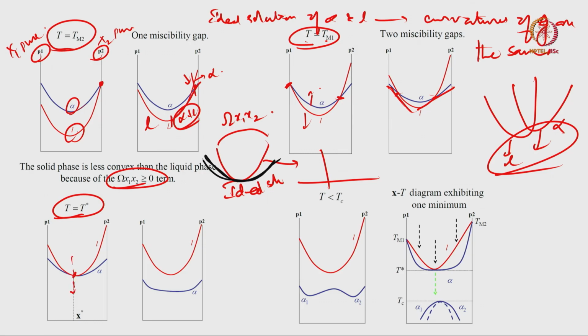If I am at this composition X star, I have a liquid, I have an alpha phase, and liquid to alpha solidification happens at one X star. So it is as if I am melting a pure compound. So this is called congruent phase transformation.